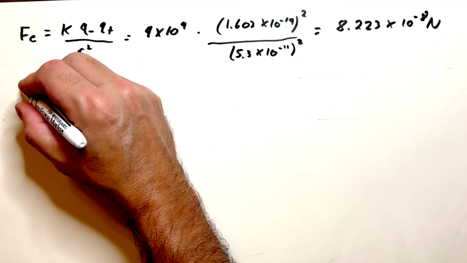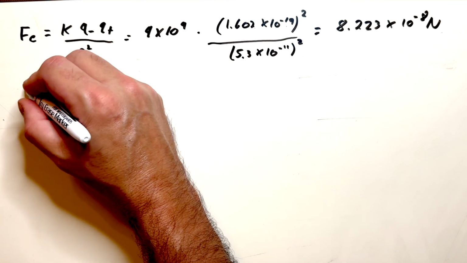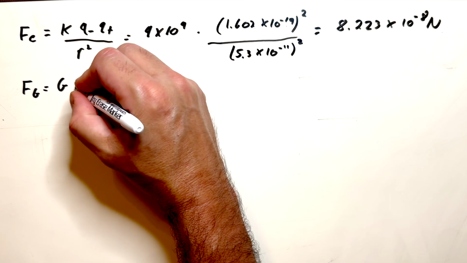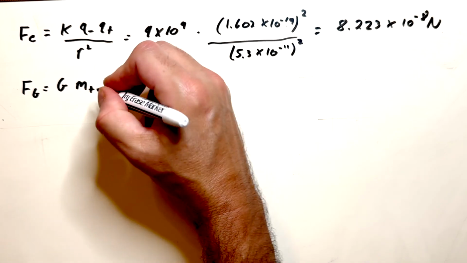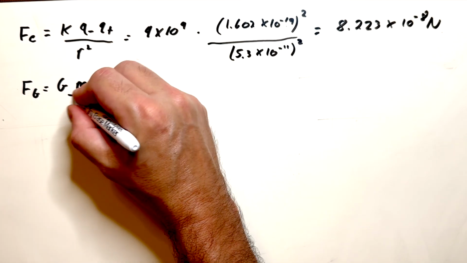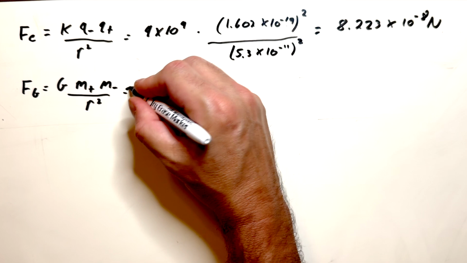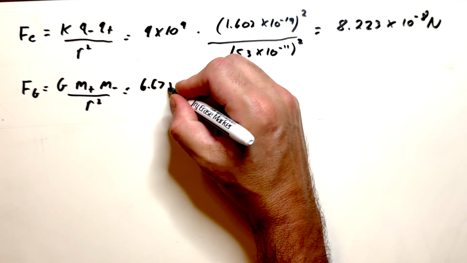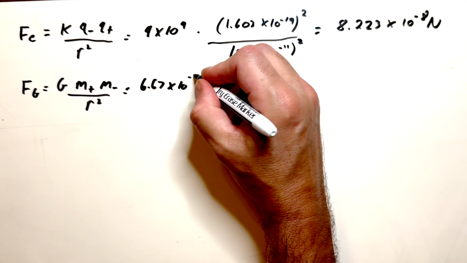We can do the same calculation for the gravitational force using Newton's universal gravitation. F sub g is equal to big G times the mass of the proton times the mass of the electron, also divided by R squared. The gravitational constant is 6.67 times 10 to the minus 11.